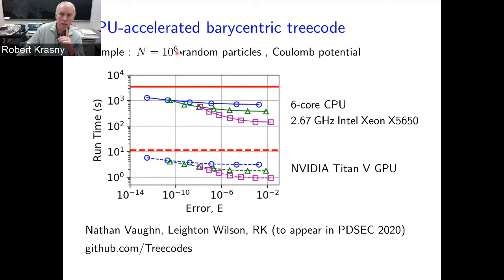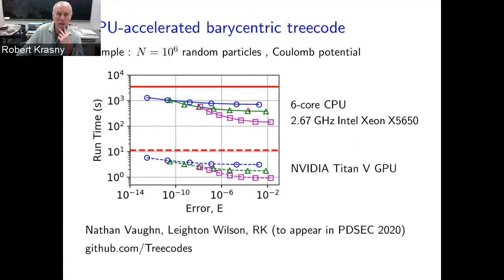And this barycentric tree code is very well suited for that. So with 1 million random particles in a box using the Coulomb potential, you see results here. You see runtime on this axis and error on this axis. This is evaluating the potential at 1 million points, self-induced by the distribution.